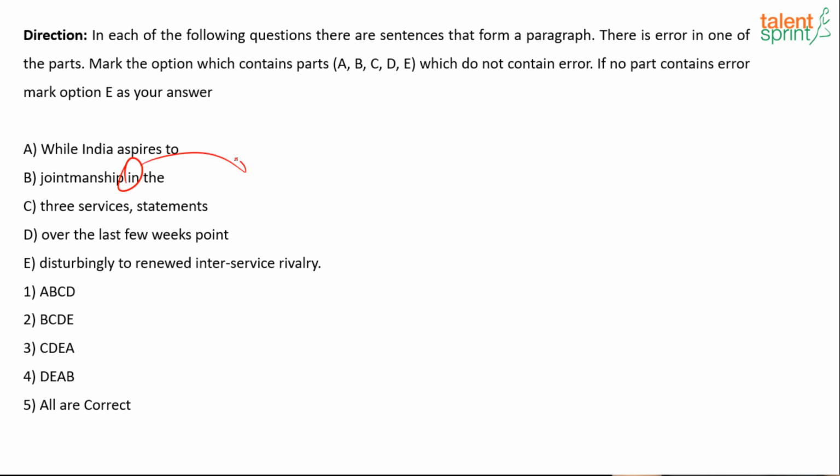So instead of in, it should be among the three services. Okay, so the error is in B. The error free combination will again be, oh no, sorry, not 4, 3.